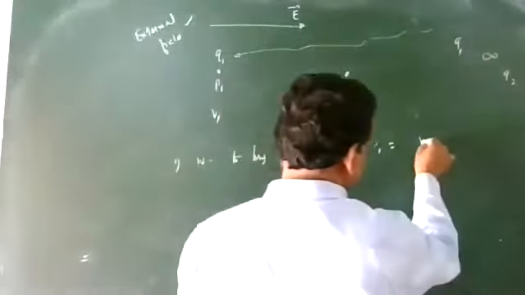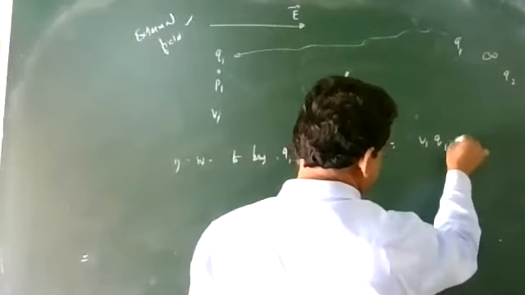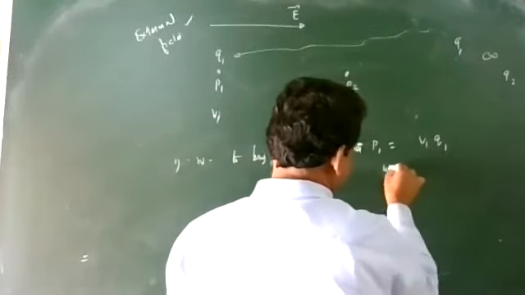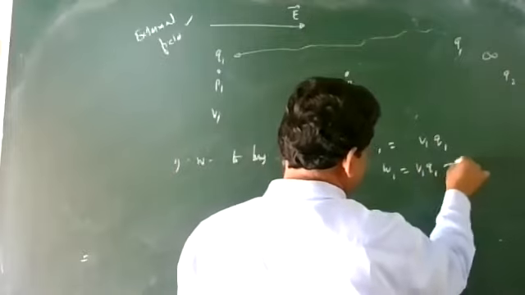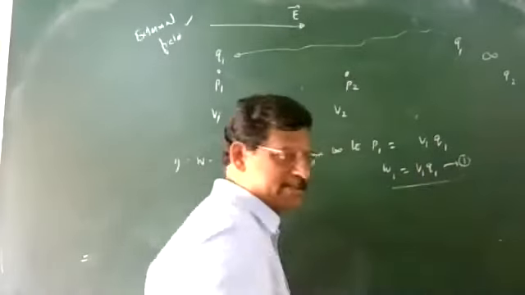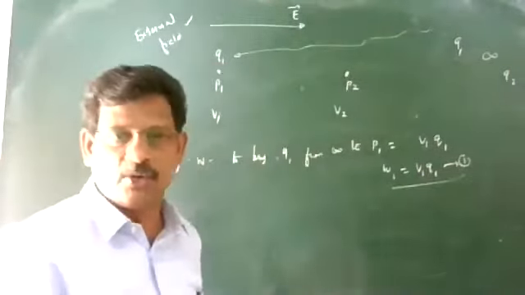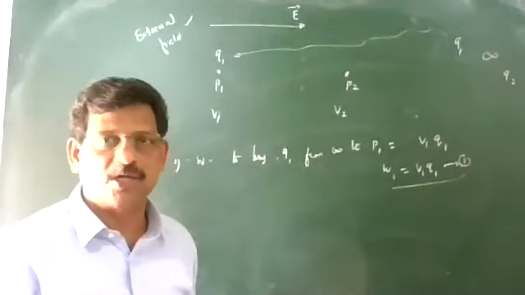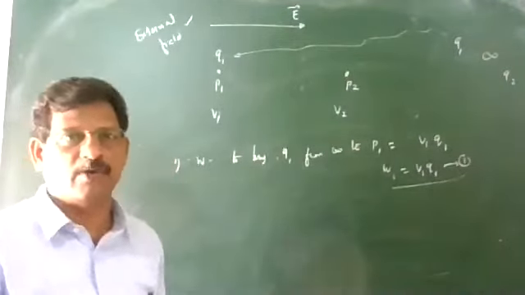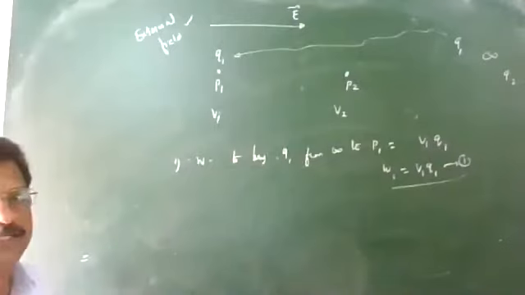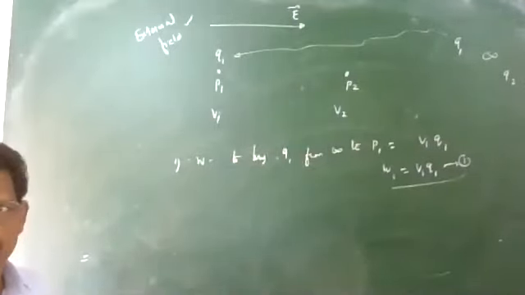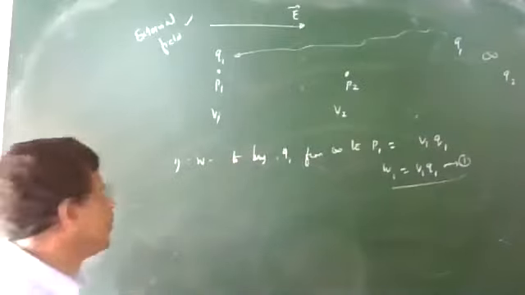So potential at the point P1 into the charge Q1. So this is work done W1 equals V1 Q1. Previously we used to write this work done as 0. Now the work done to bring the charge Q1 from infinity to a point where there is a potential is W1 equals V1 Q1. Next point number 2.